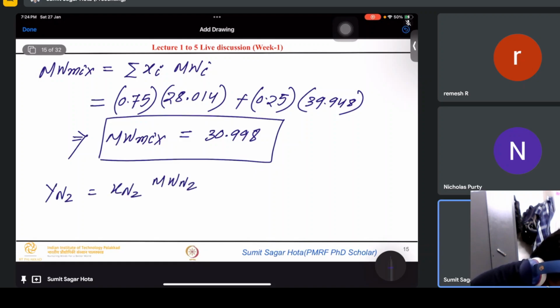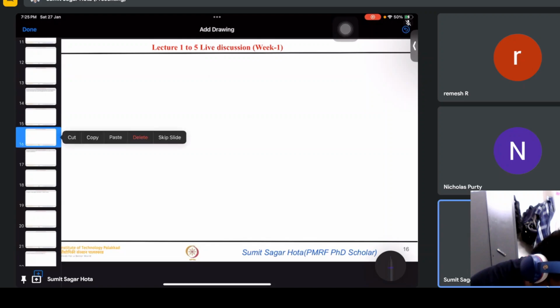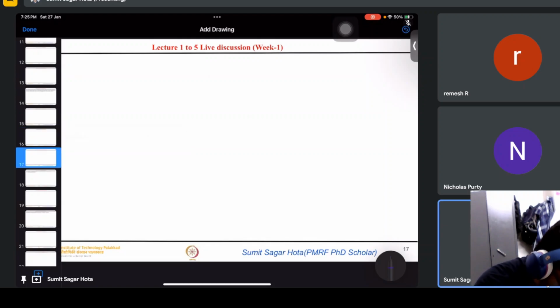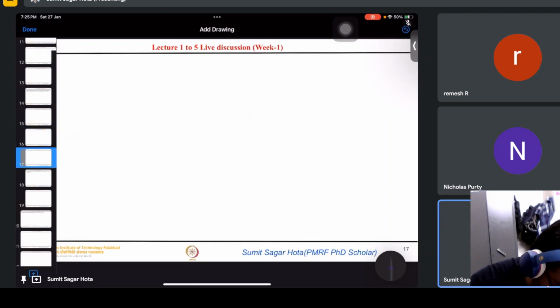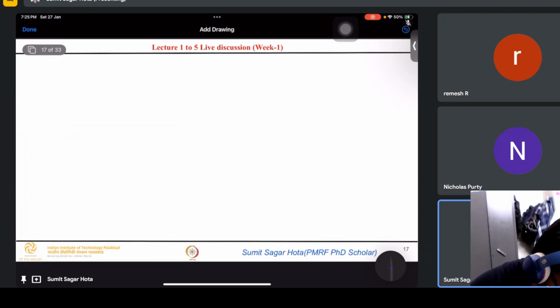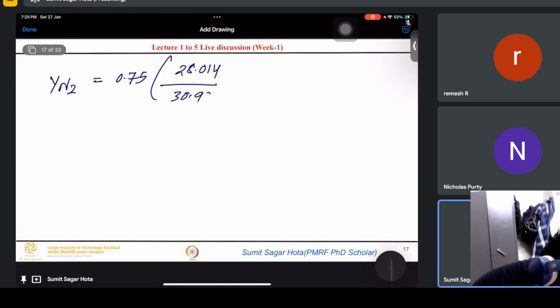For the mass fraction, first we get y of N2 equal to 0.75 into the molecular weight of N2, 28.014, divided by 30.998.